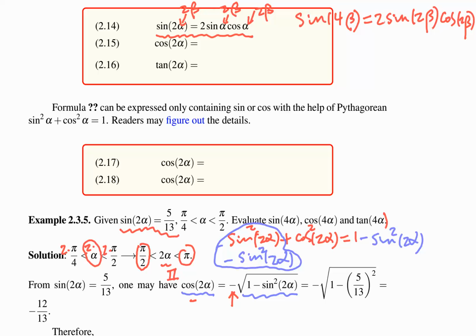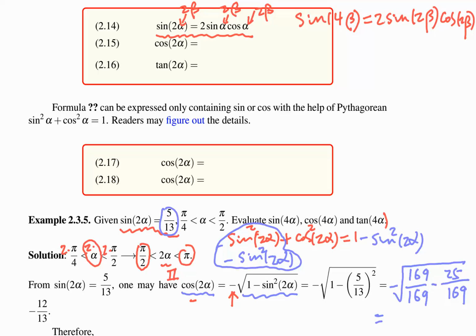Replace sine 2 alpha with the given value here. Sine 2 alpha is 5/13. Then this one equals what? 5 squared, 25. 13 squared, 169. 1 is 169 divided by 169. Subtraction. Okay.